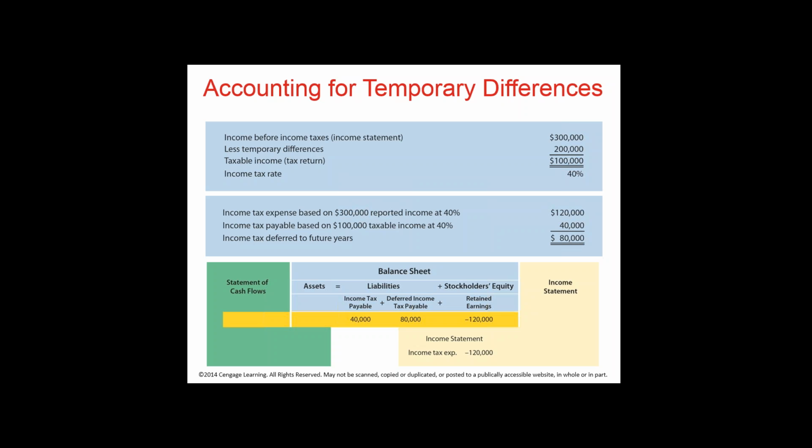We say based on the income from our financial statements, we're going to owe $120,000. We're going to set that up in a way that we have the income tax payable, a current liability of $40,000, which we know we're going to have to cut a check for, and the rest of it as deferred because we know we're going to have to pay it in the future.